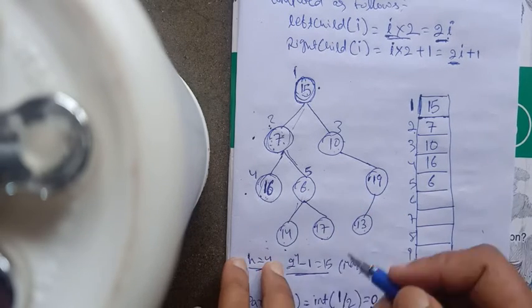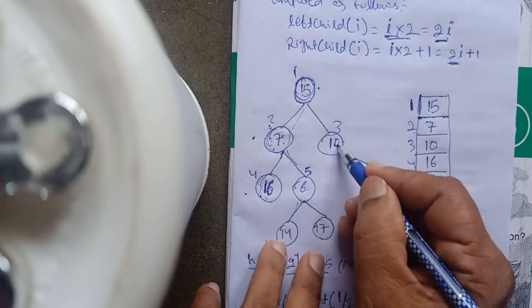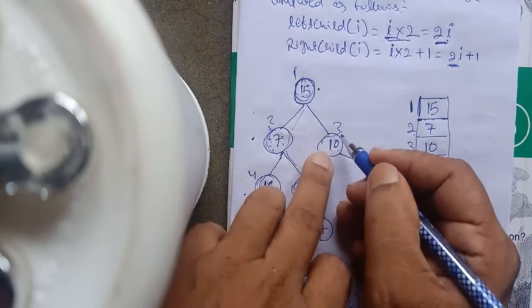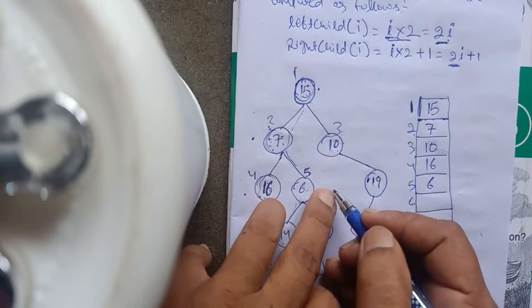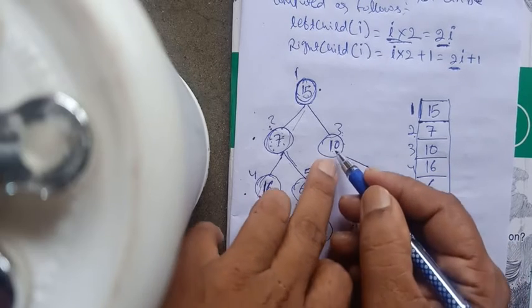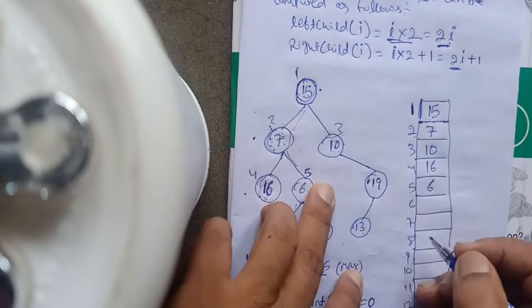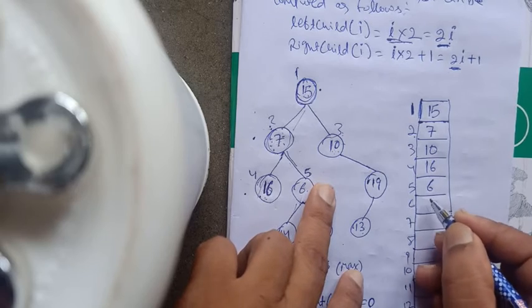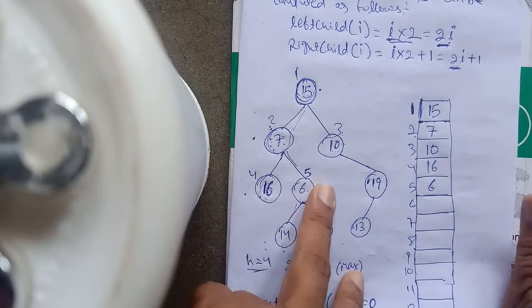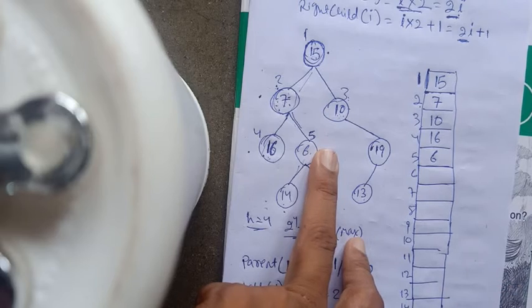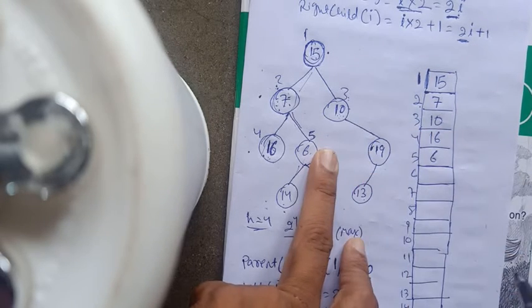Now similarly come to the data 10, and the index of data 10 is 3. So the index of its left child should be 6, but its left child is right now empty. 10 does not have any left child. So in the array, position 6 must be left vacant, because when I later insert a node at the left, that data will be stored here.